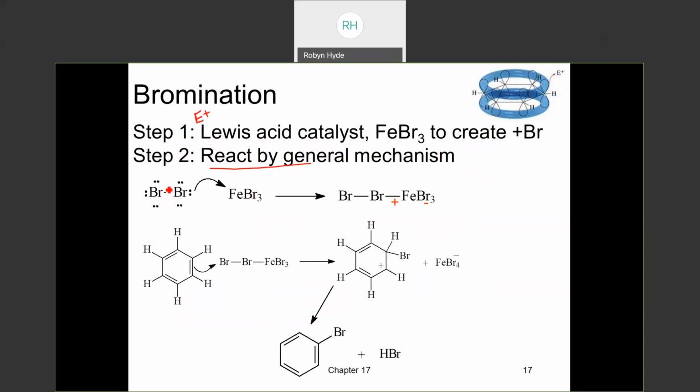I would take bromine, Br2, and I add to it FeBr3. FeBr3 is known as a Lewis acid. A Lewis acid will accept electrons. So the bromine will actually add to the iron, add to the FeBr3, and then I get this really unique complex.